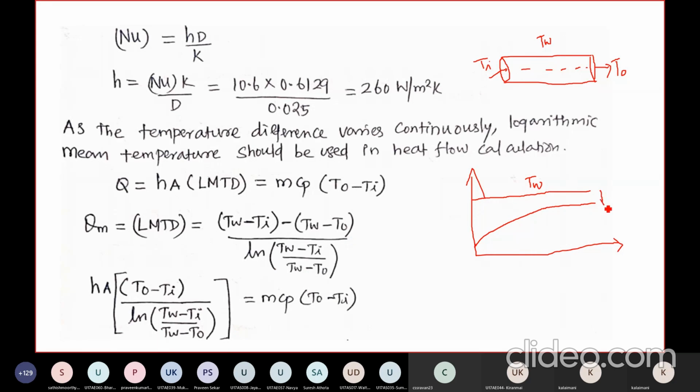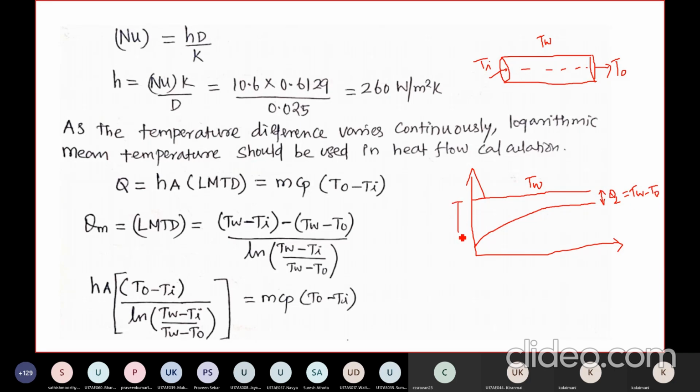This is called the outlet condition. I consider theta 2 as the temperature difference Tw minus the outlet temperature.